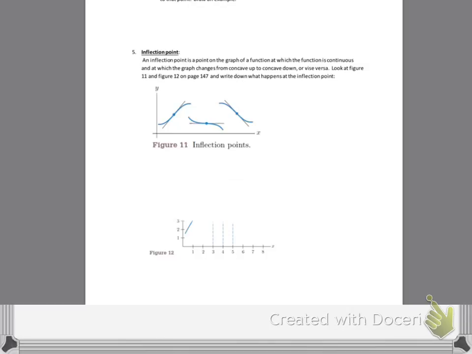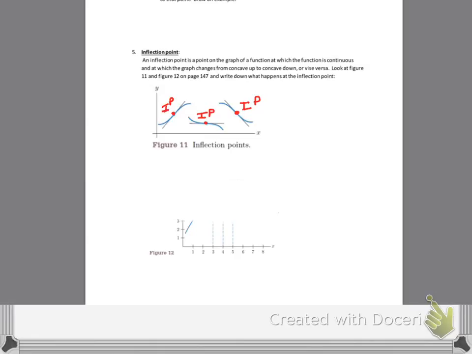Inflection points are another very calculus-based way to analyze a function. We talked about concave up and concave down. Well, at an inflection point, and we're going to say that these dots are inflection points, the concavity is neither concave up nor concave down because the concavity is changing there.